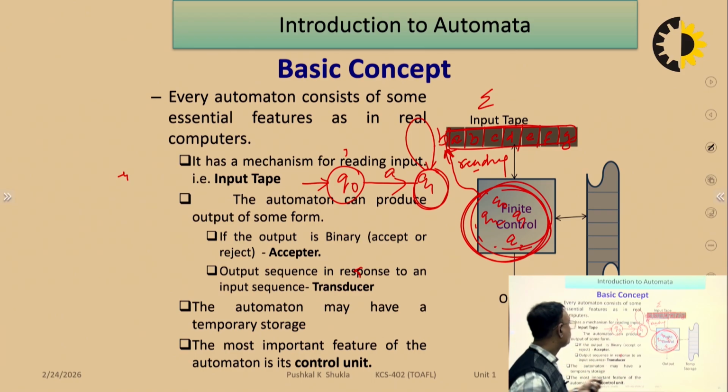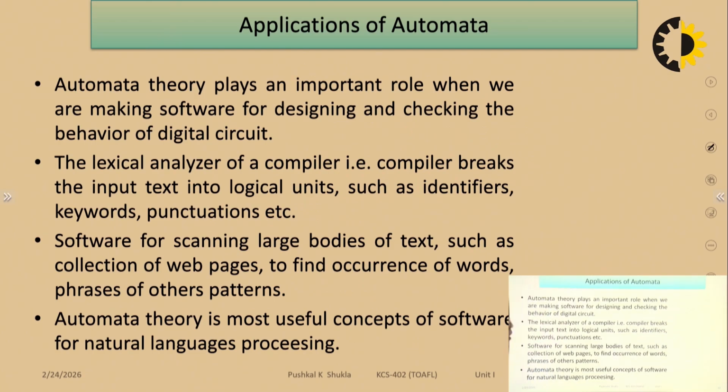Application of automata. Automata theory plays an important role when we are designing software and checking the behavior of digital circuits. This is one application area of automata theory. Second, an important use is the lexical analyzer of a compiler.